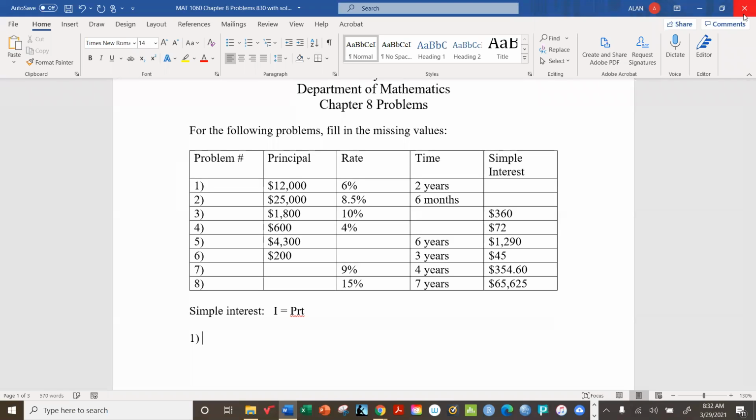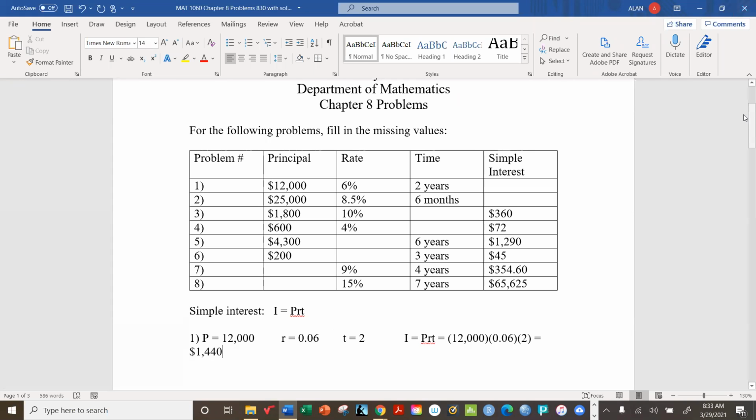So in question 1, what do we know? We know that P is 12,000, R is 0.06. So make sure you replace those percentages with decimals, and T is 2 years. And since I equals PRT, that equals 12,000 times 0.06 times 2, which happens to be $1,440.